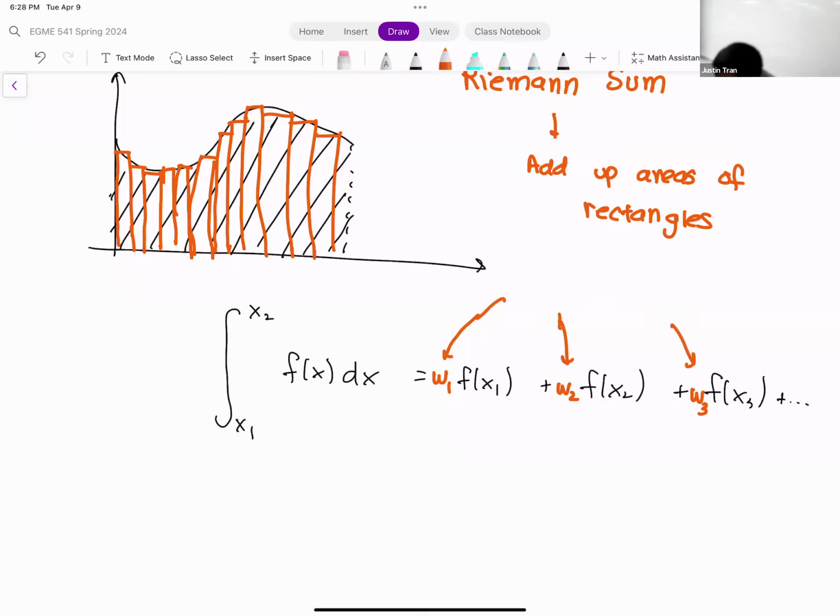So, if I were to break this down, the W1, W2, W3 are what we call weights. And the f of x1, f of x2, f of x3 are the integrand evaluated at certain select points.